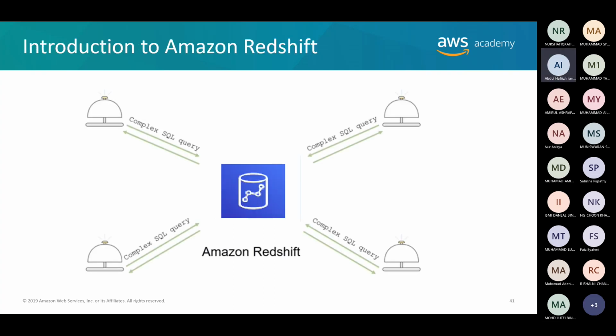Analytics is important for businesses today. But building a data warehouse is complex and expensive. A data warehouse can take months and significant financial resources to set up. The Amazon Redshift service is a fast and powerful, fully managed data warehouse that is simple and cost-effective to set up, use, and scale.